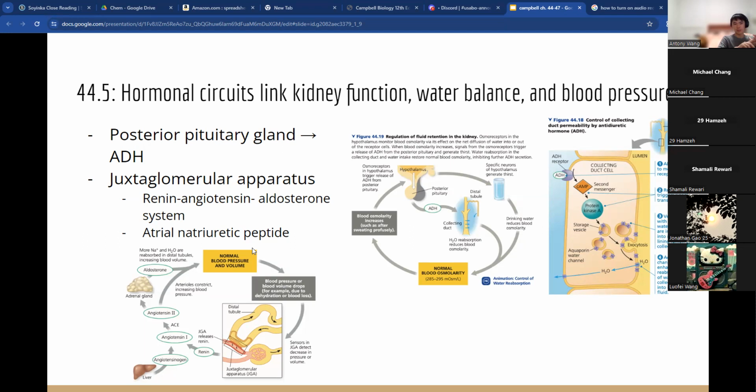As water and salts leave the body through urine, the blood volume will go down, the stretching of the atria will decrease, and ANP will stop being released. So these are two examples of negative feedback that control the kidney.